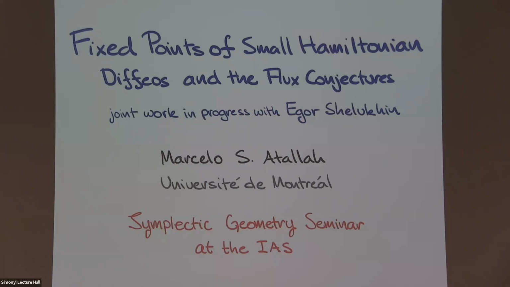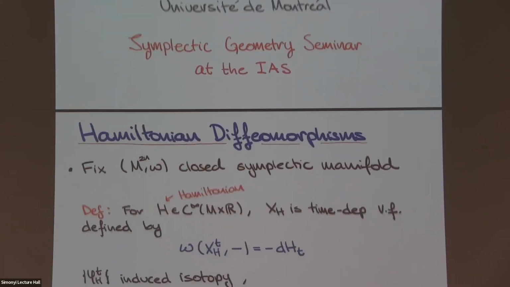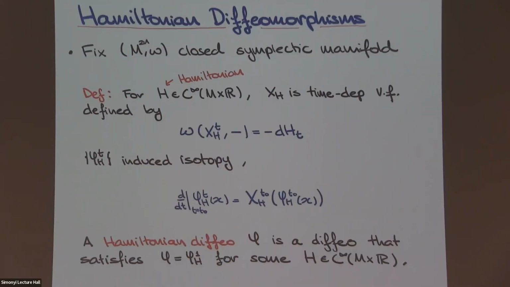First, let's just go over some basic definitions that we probably all know, just to set notation. Throughout this talk, (M, ω) will be a closed symplectic manifold. We're going to be mainly focused on Hamiltonian diffeomorphisms and the identity component of the group of symplectic diffeomorphisms.